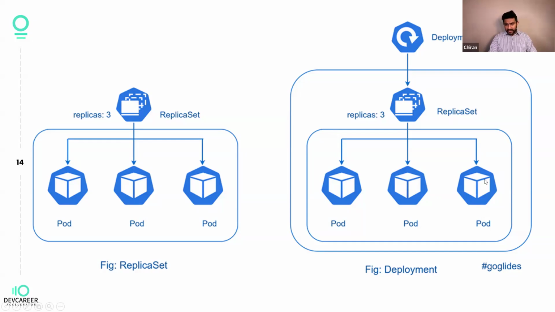When it breaks, the user requests will not go there. The user requests will be served by these two pods, but the replica set of Kubernetes will replace this pod with a new pod, and once it's fully ready, Kubernetes will start sending requests to the new pod.